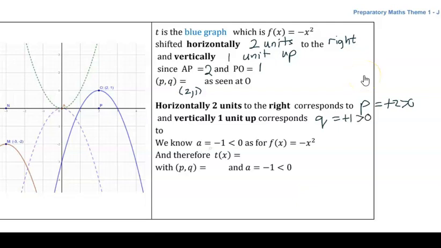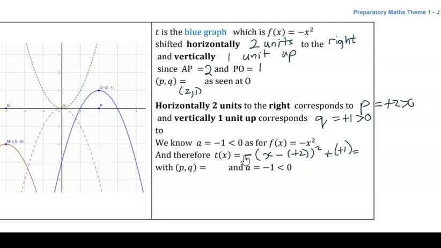We know A is negative 1 because we said it is f of x that was shifted, and therefore my T of x will be minus x minus my P value is plus 2 plus my Q value is plus 1. And I've just substituted for the purpose of explaining.